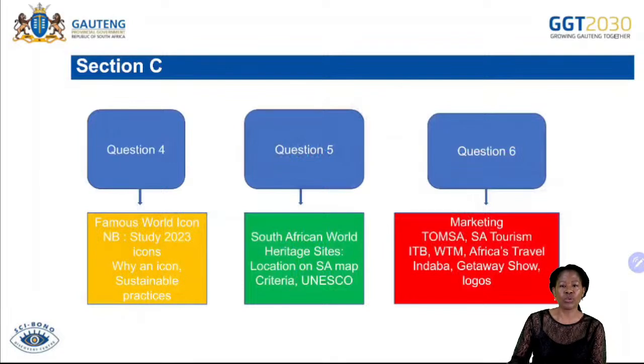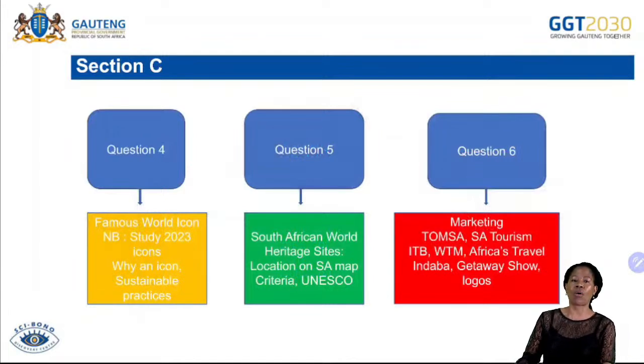I know you are going to use previous papers, but in those papers, please check which icons are there. If they are not on the 2023 list, please do not revise them. Under the famous world icons, they will also ask you questions like why an icon, together with the sustainable practices on how to take care of those icons.